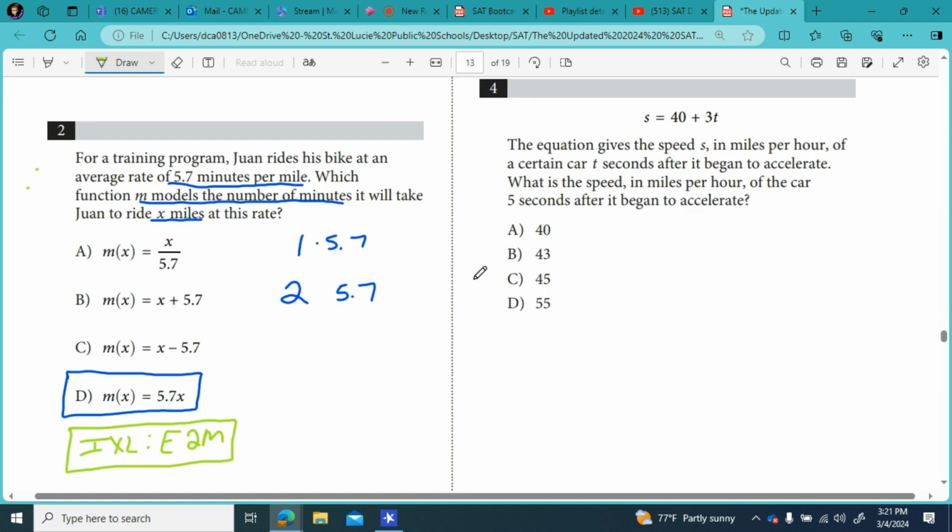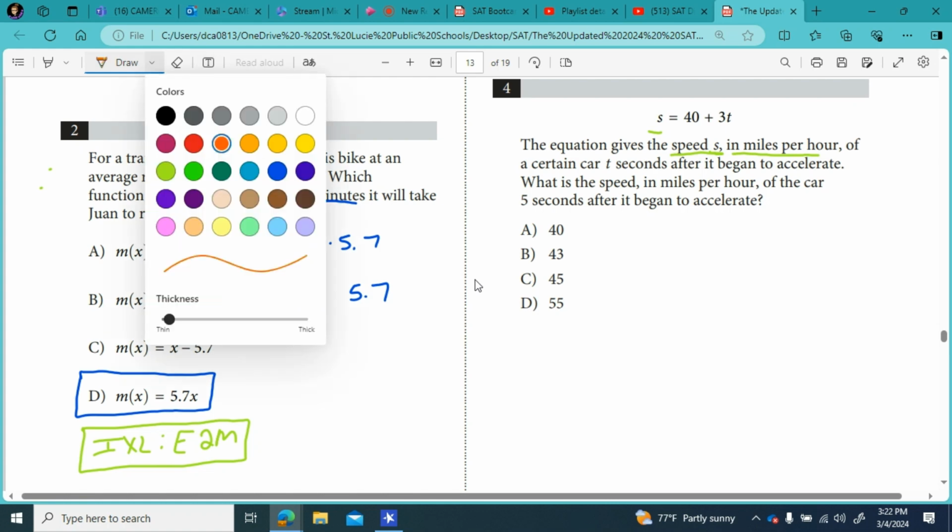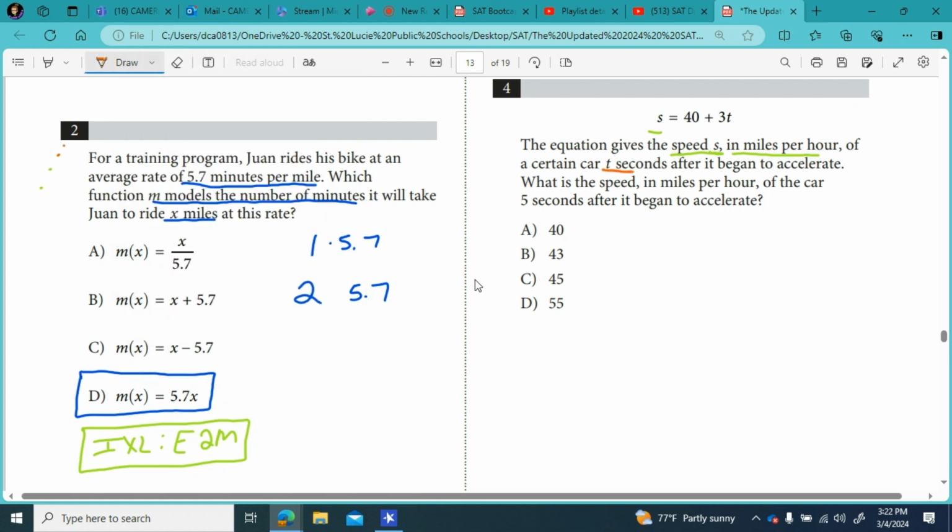And then question number 4 says, the equation gives the speed s in miles per hour. So s is the speed in miles per hour of a certain car t seconds after it began to accelerate.